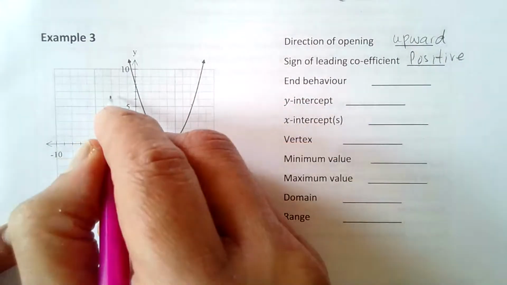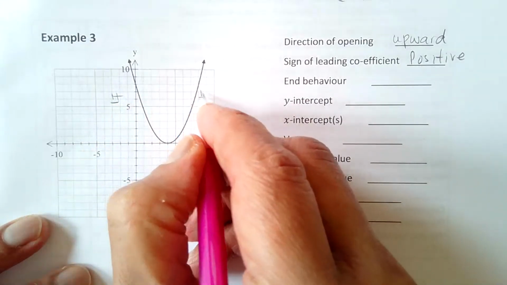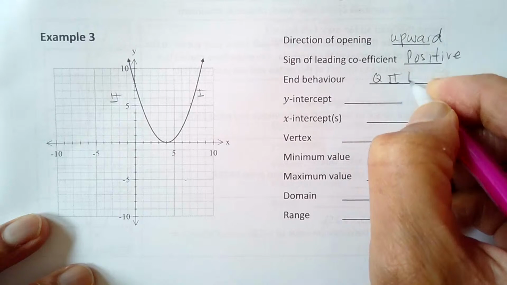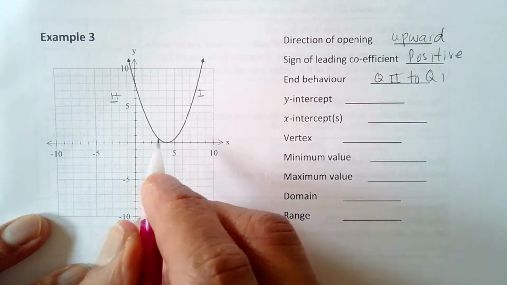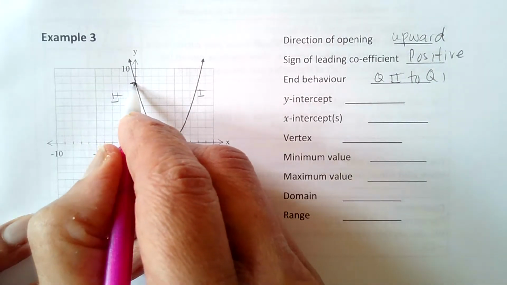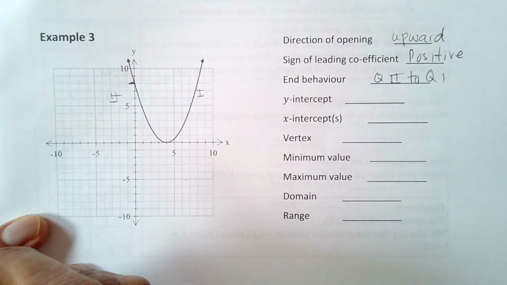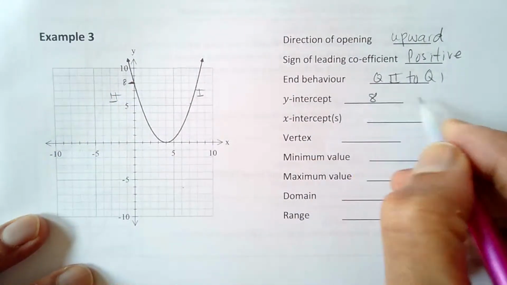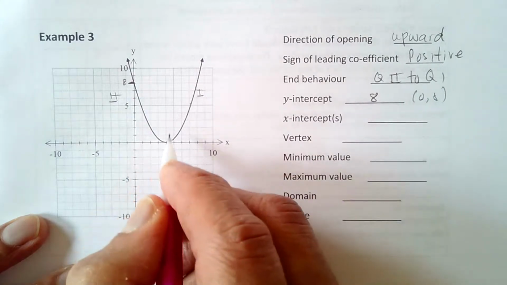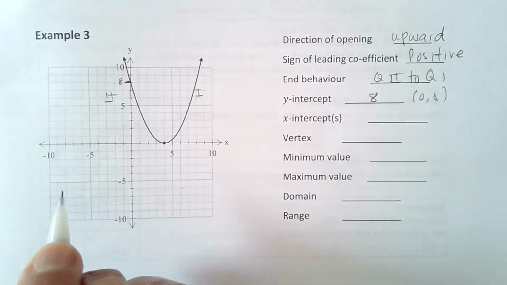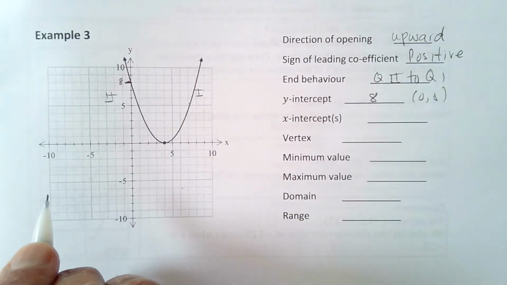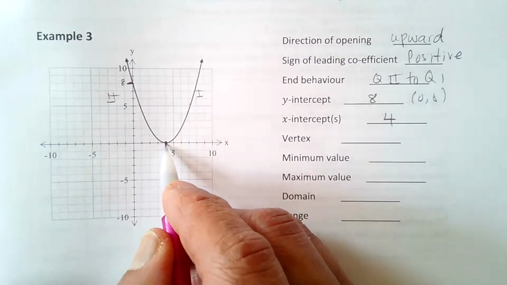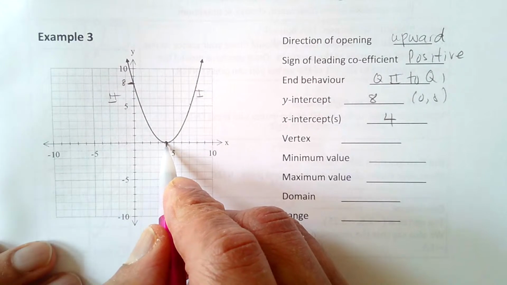The end behavior is from quadrant 2 to quadrant 1. The y-intercept is right there, which gives me, in this case, 8, or we can say (0, 8). The x-intercept is only 1, which actually happens to be the vertex, 4. There's only 1, so it only crosses the x-axis once here.